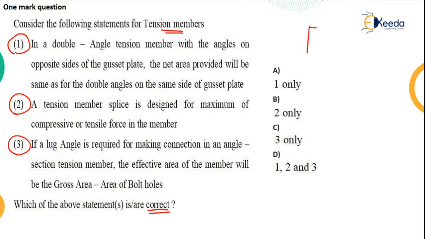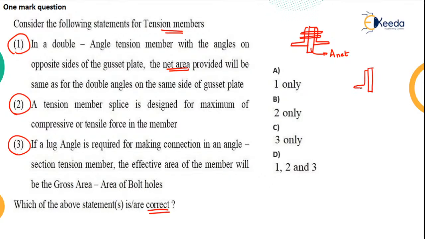So if you have a plate like this, and an angle section like this, say you have screwed it here and here. What is he telling? The net area provided, when you provide it like this, the net area of the gusset plate, I'll call it A net, will be equal to, say I have two angles on the same side.